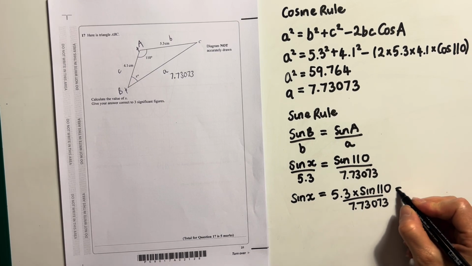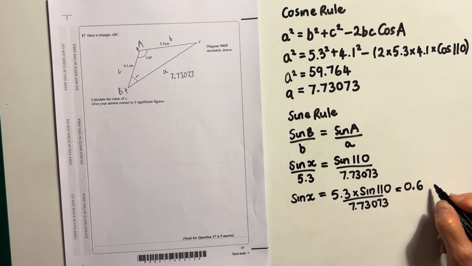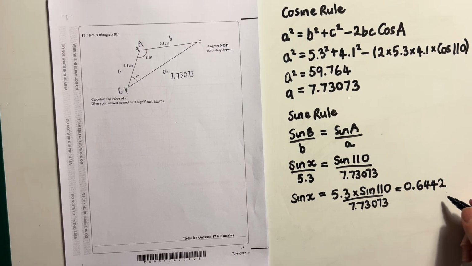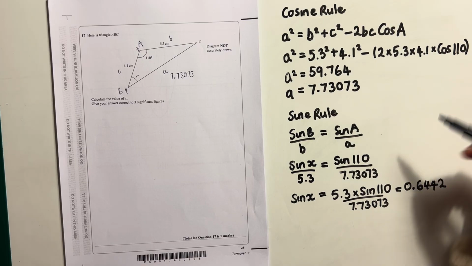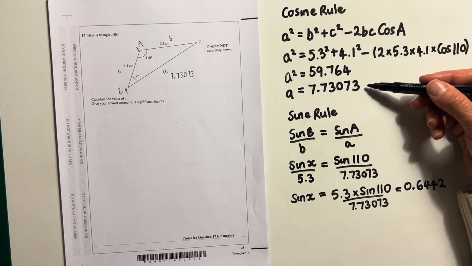And that will give us 0.6442. Now your answer might differ slightly from mine if you haven't stored the exact value in for your length a.